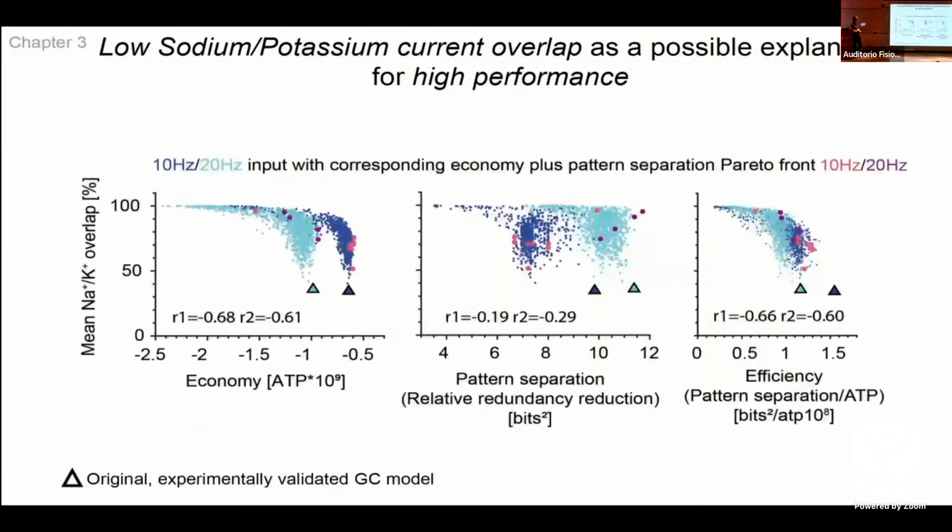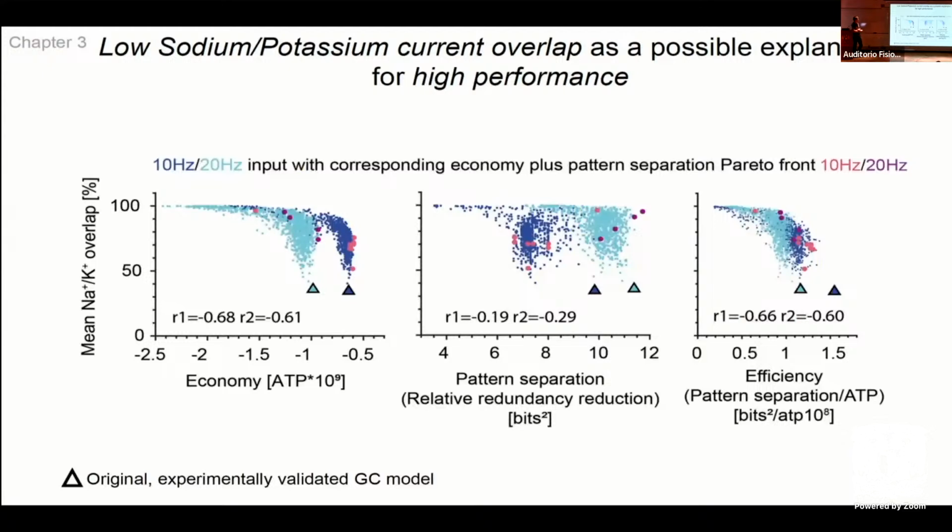Here we see it for the population models. On the bottom is the economy and pattern separation, and here the efficiency puts pattern separation and economy into one variable by dividing one by the other. Then we can see the original model, these triangles, has the lowest overlap of these sodium and potassium currents.